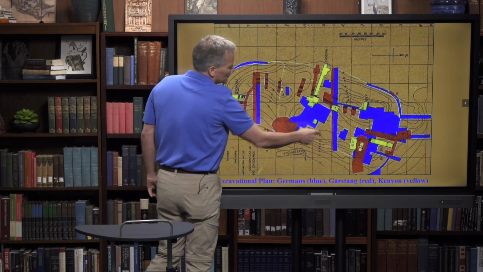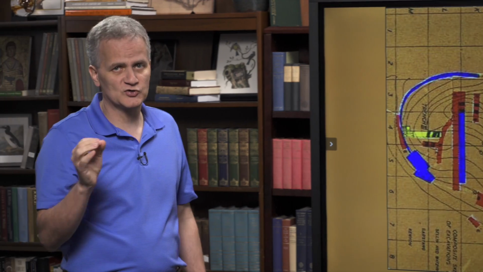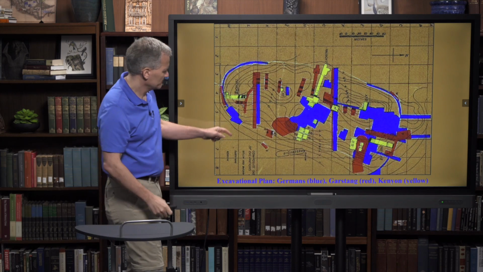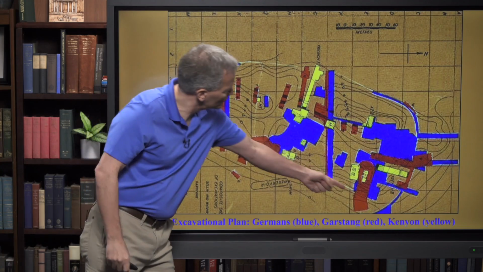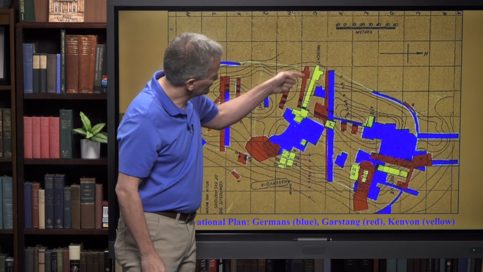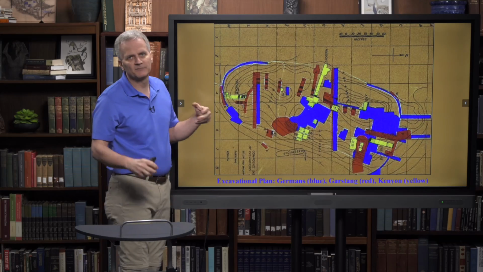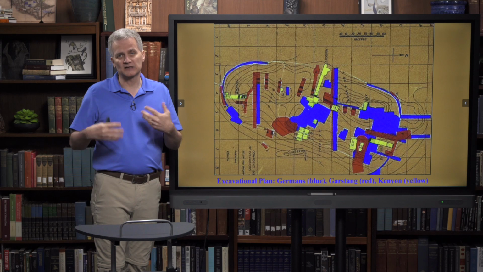So all that blue is the result of the Austro-German excavation that was done there toward the beginning of the 20th century. Then the areas in red here represent the excavation by Garstang in the 1930s.